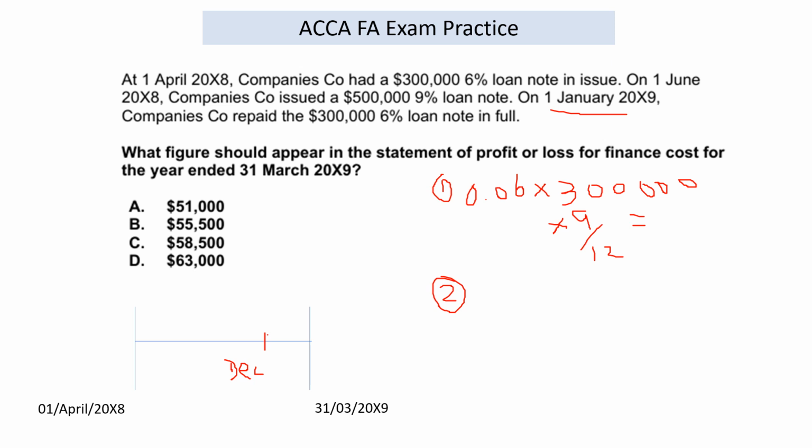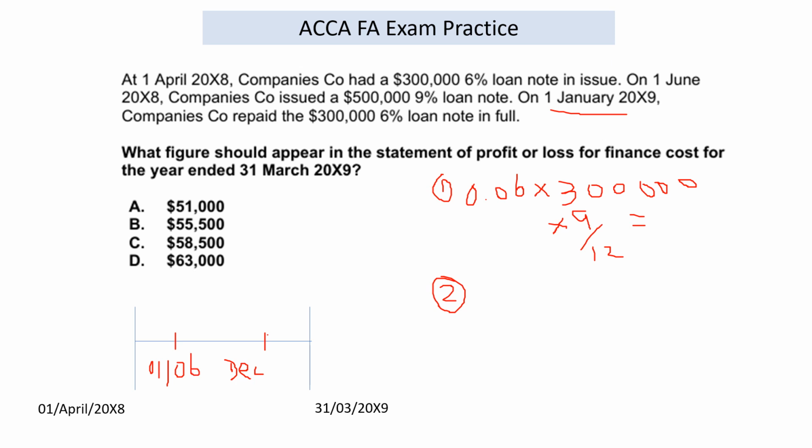So the second loan note, which was issued on 1st of June 2008. So let's say 1st of June was somewhere here.